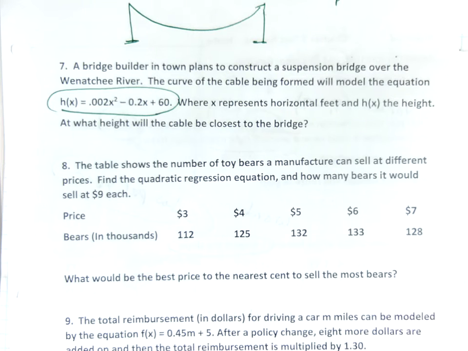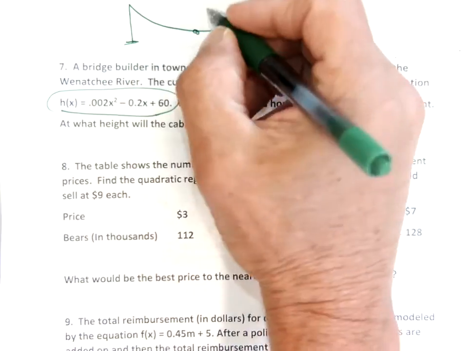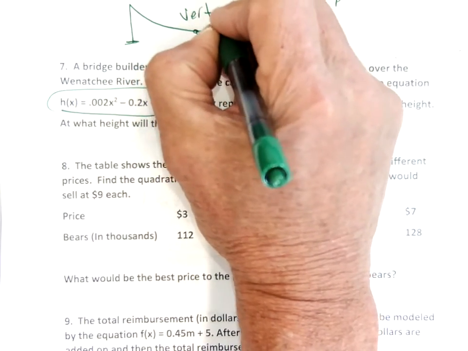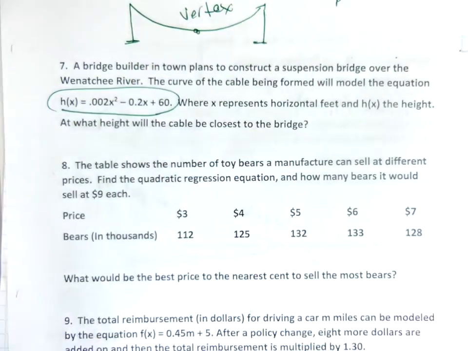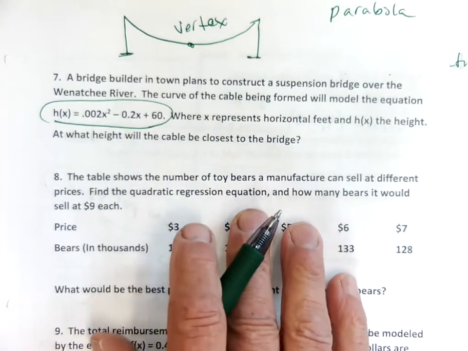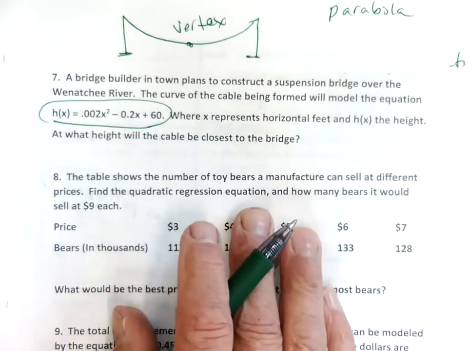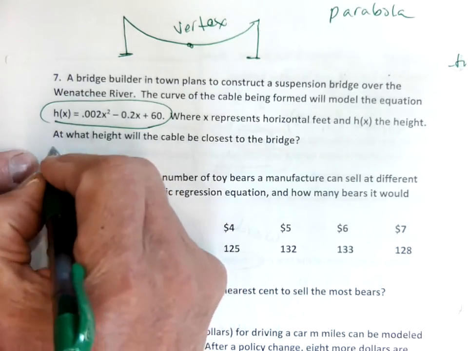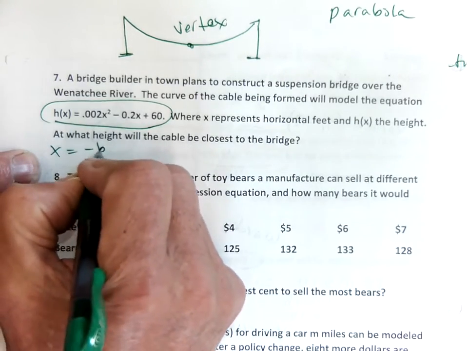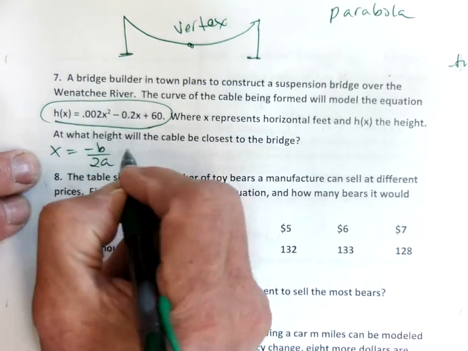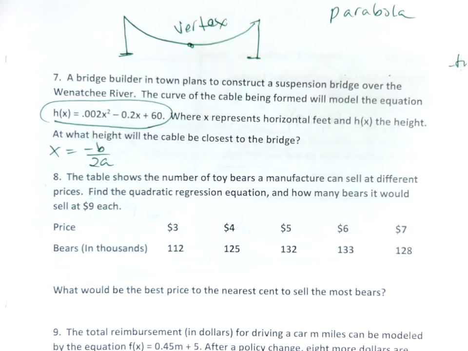So it says, at what height will the cable be closest to the bridge? Well, that's, again, the vertex, right? And so if I want to find the vertex, I have an equation, x equals negative b over 2a for the vertex.